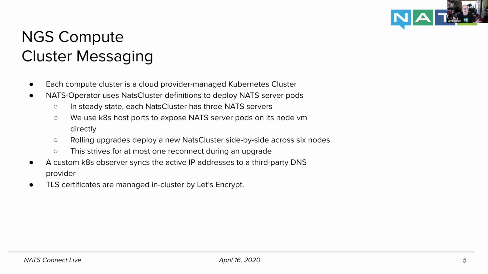And side by side, the new cluster now has a temporary route to the old cluster, so that they become a 6-node cluster. They do their state sharing, and then we put the old NATS cluster into lame duck mode, which basically migrates the client connections to the new NATS cluster.